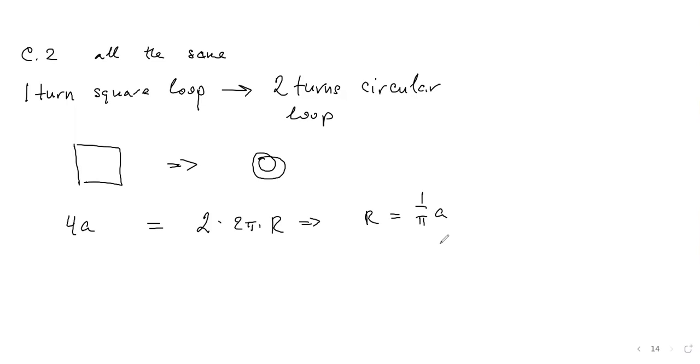Then when you find the initial flux, you would say magnetic field multiplied by area. Yeah. But when you go to the final flux, you have to use number of turns, magnetic field and area.